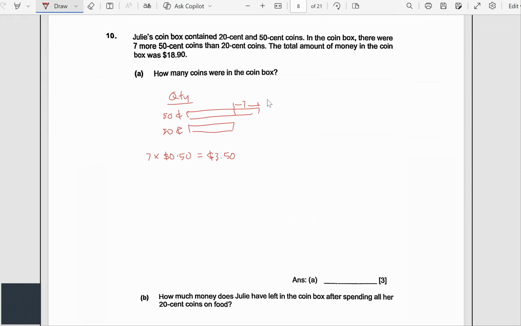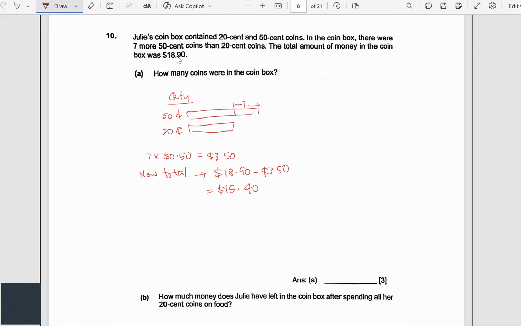want to take away. Okay, the total right now is $18.90. The new total is 1890 minus 350. Now I have 1540 as a new total. With this new total, what can we say about the quantity?